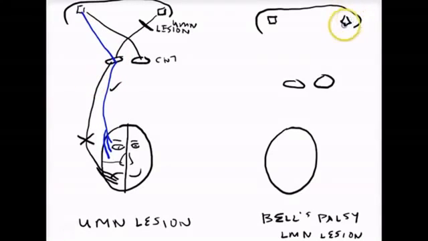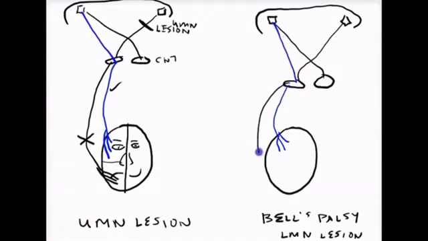Now, if we consider the same thing, we have our corticobulbar fibers, and we maintain that ipsilateral innervation to the upper portion of the face, and we also have our contralateral innervation to the lower part of the face. But we're discussing this time a lower motor neuron lesion. Now, this means that the lesion is going to be of the facial nerve right below that cranial nerve 7 nucleus.